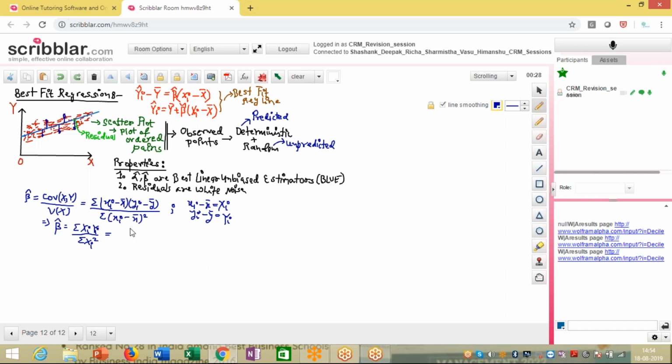This is how my beta hat equation looks now.